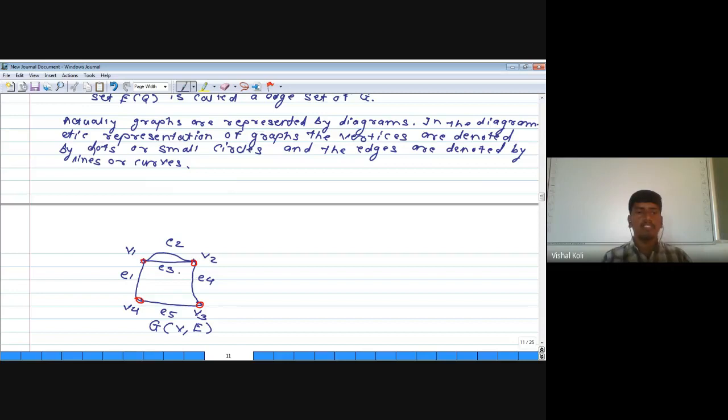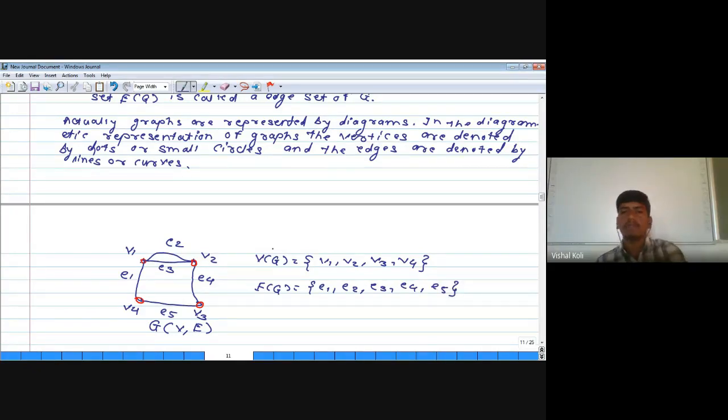Therefore the vertex set V of G contains the vertices v1, v2, v3 and v4, and the edge set of graph G is nothing but edges e1, e2, e3, e4 and e5. That is, there are five edges in graph G.